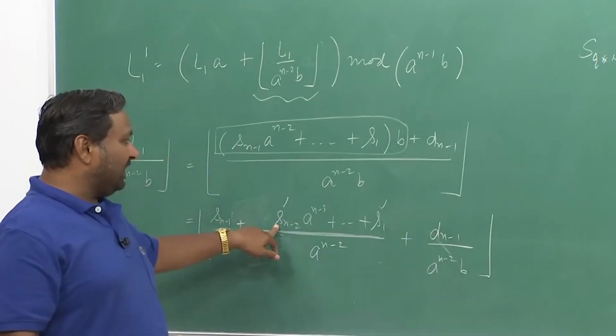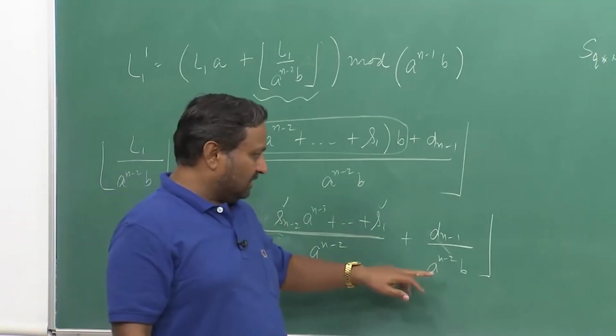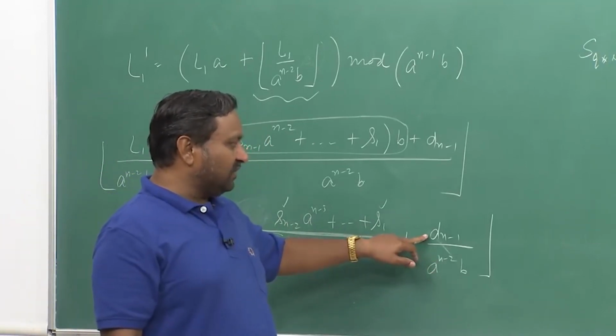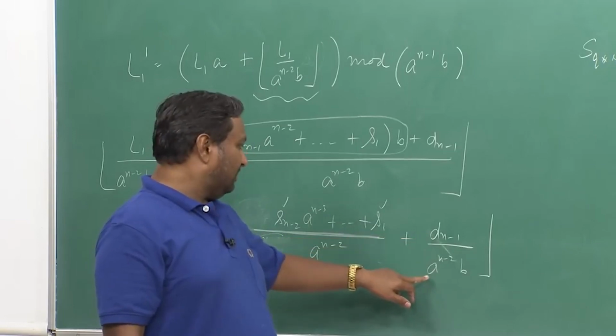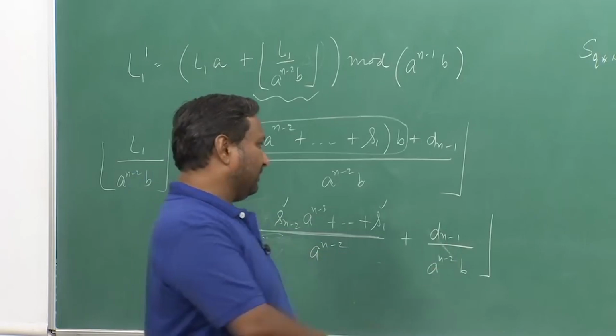So, if I put a minus 1 here, a minus 1 here for all the terms, and let us put the maximum value of d n minus 1, which will be b minus 1 here, and then let us compute the whole thing.